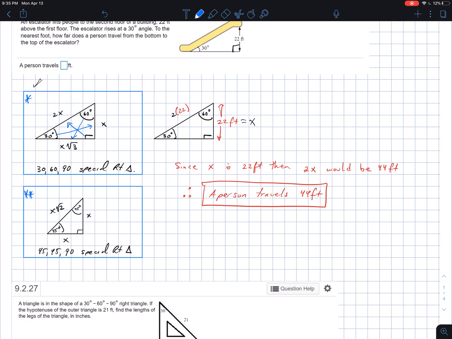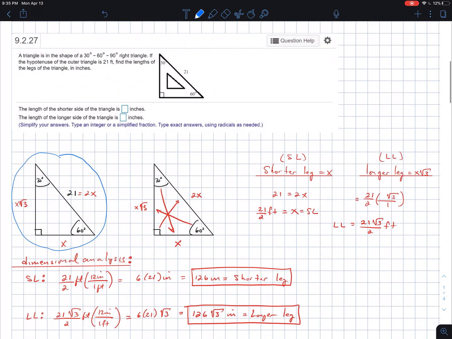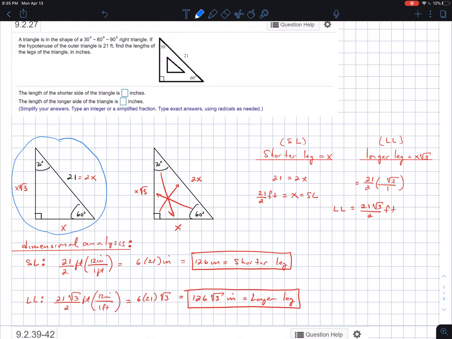It gives us the expression x, take whatever x is, and multiply it by the square root of 3. So that's what I did. I reminded you about what they were, and then I separated them into two cases, 1 and 2 over here.